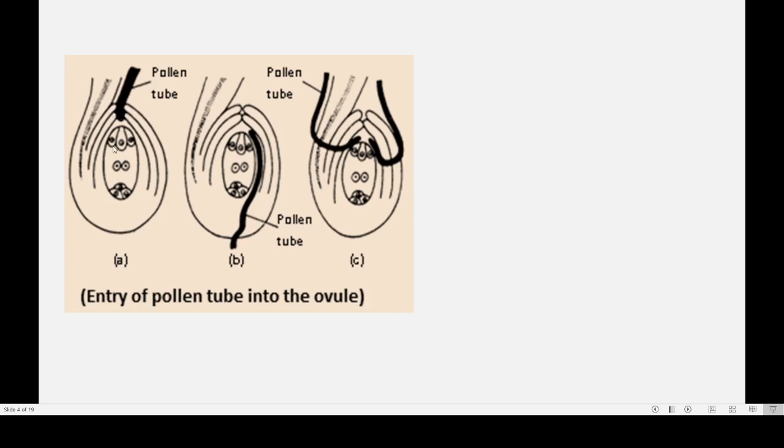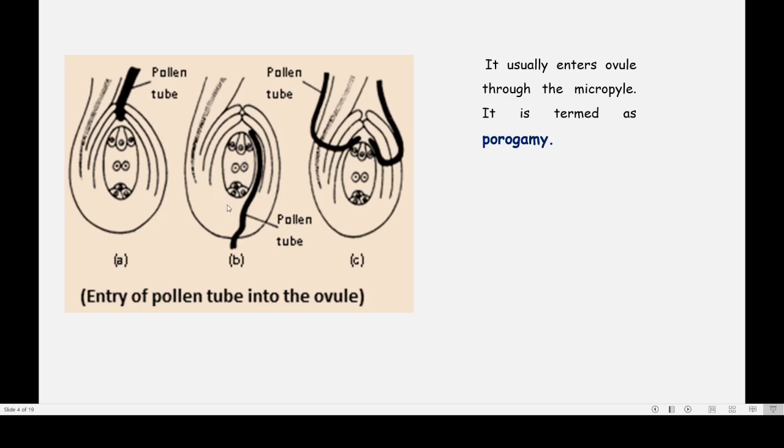In the first diagram, the pollen tube is entering the ovule through the micropylar end. This one is the micropyle, and the pollen tube is penetrating over here. This situation is known as porogamy.